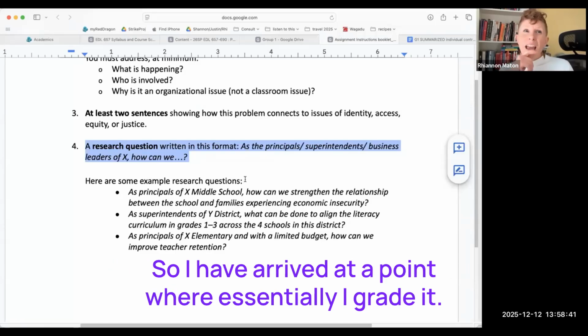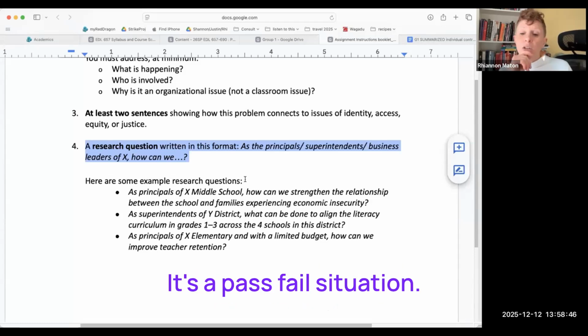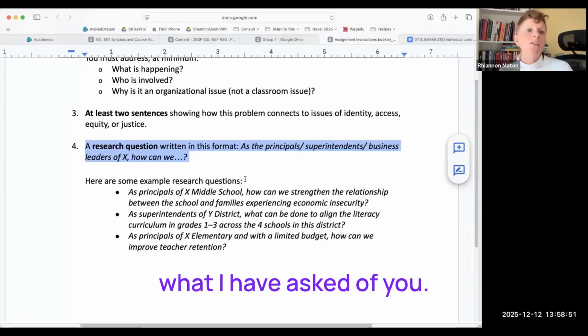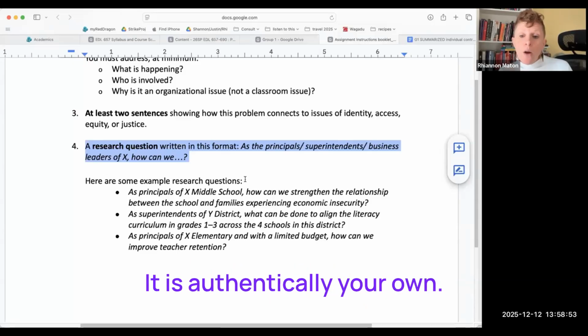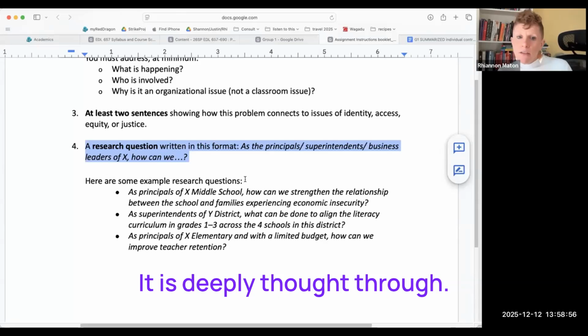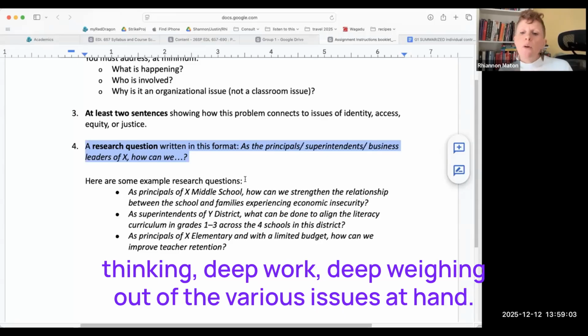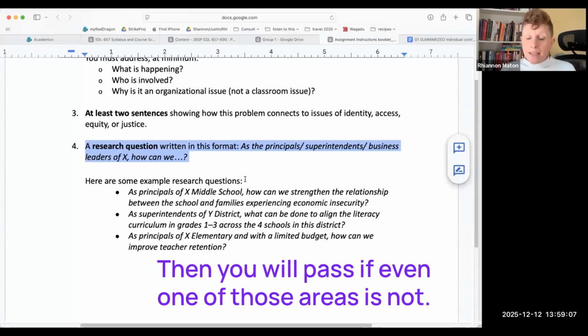So I have arrived at a point where essentially it's a pass-fail situation. If you are meeting the expectations, you are doing what I have asked of you, it is authentically your own, it is deeply thought through, it is specific and narrow in focus, and you are doing some deep thinking, deep work, deep weighing out of the various issues at hand, then you will pass.